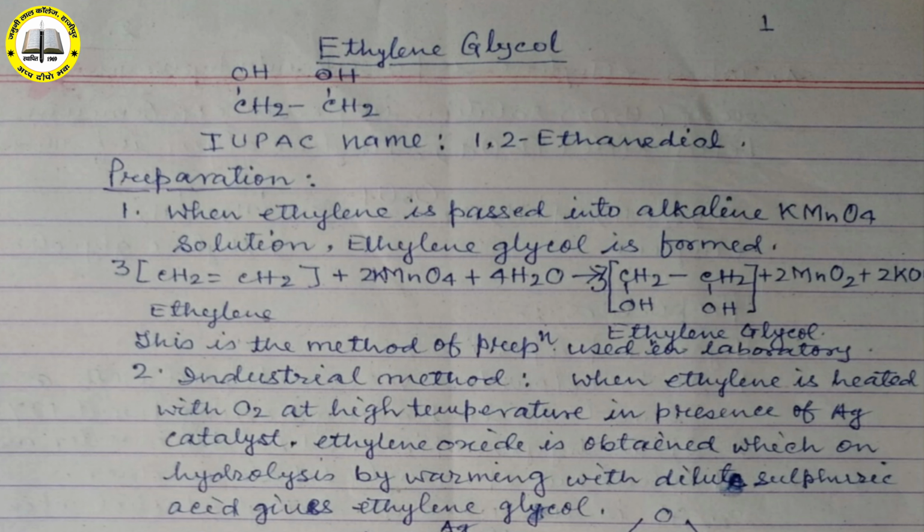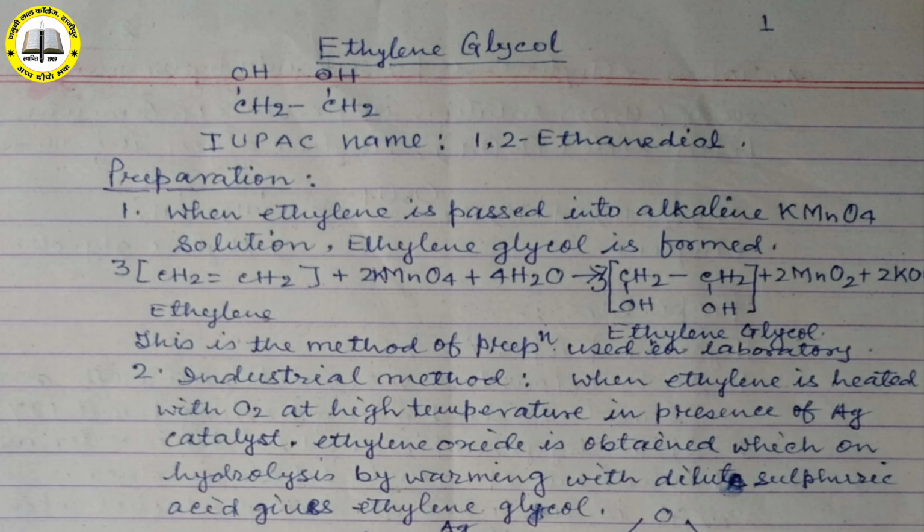Now the second method is the industrial method. As we know that ethylene glycol has a great importance for the purpose of industry also. So, a method, that is the industrial method, is also adopted.